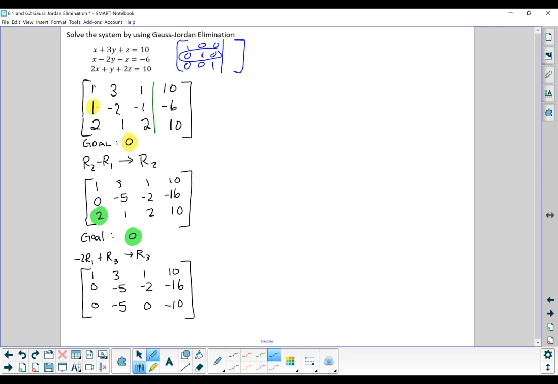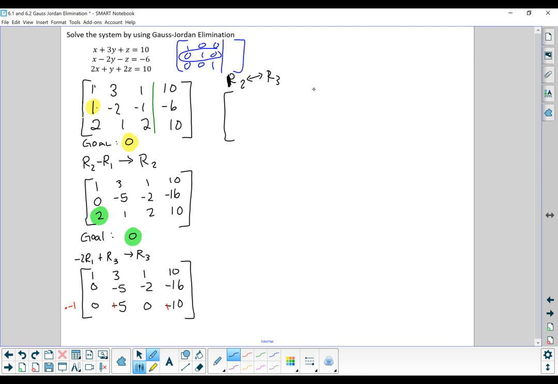So I'm going to do two things here. First of all, I'm going to multiply this whole row by -1. The reason I do that is because they're both negative and it's a good thing to do. So now I have a positive 5 and a positive 10. And now the change that I'm going to make to the matrix is that I'm just going to switch row 2 and row 3 so that this row is the middle row.